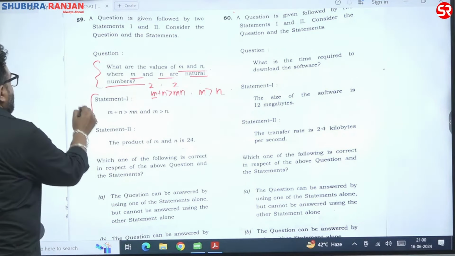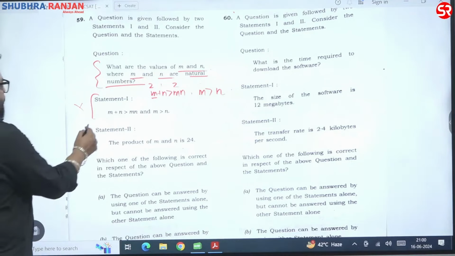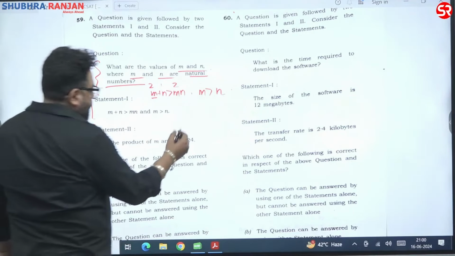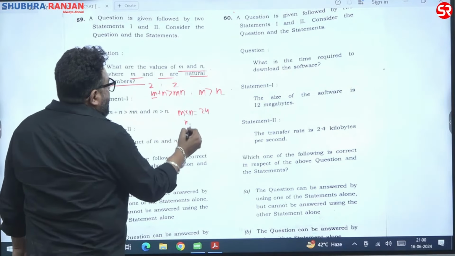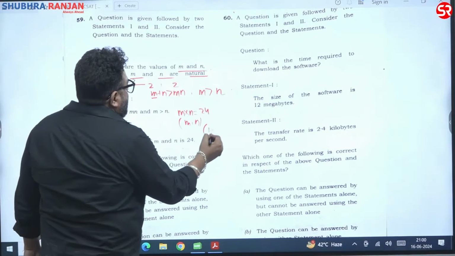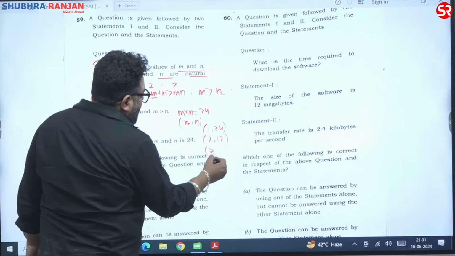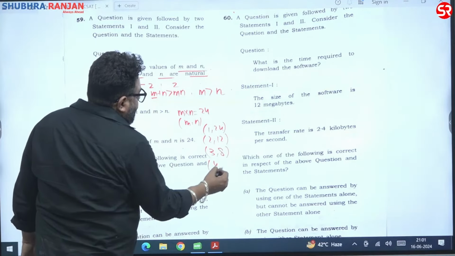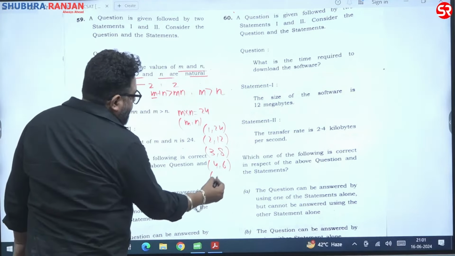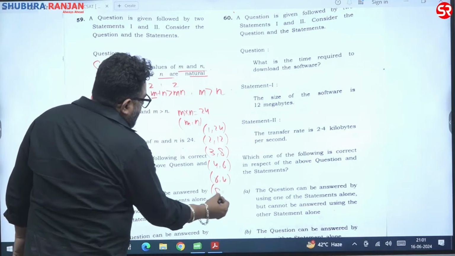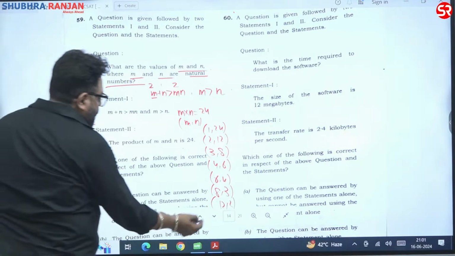The first statement would give you an infinite number of values, so it cannot be solved with this. Second, the product of m and n is 24. If I start writing m and n, it can be 1, 24; 2, 12; 3, 8; 4, 6; and you can reverse them: 6, 4; 8, 3; 12, 2; and 24, 1.